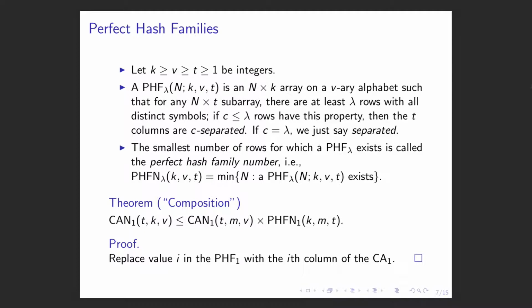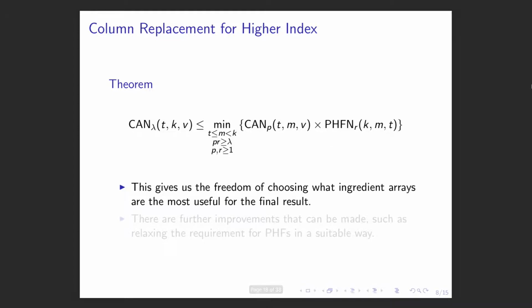But in terms of higher index, the answer is almost exactly the same. But the thing here is we can actually play with the indexes on each of the ingredients. So I can try to pick an optimal covering array of a specific parameter and an optimal PHF of a different parameter, as long as their product is at least the index that we are after, which is pretty nice.